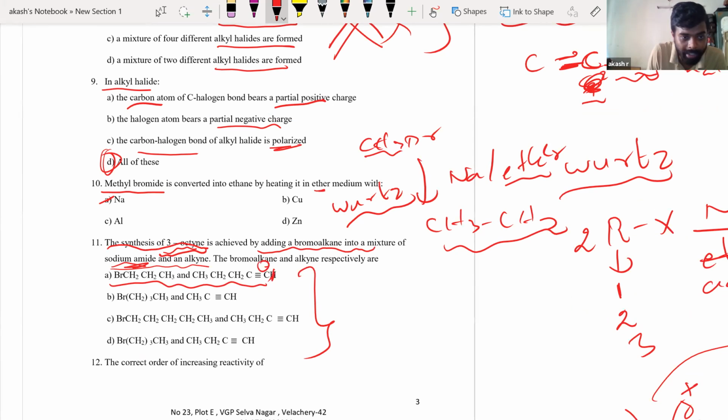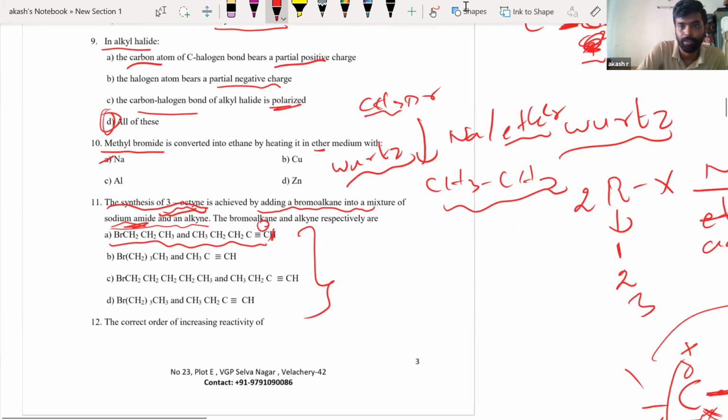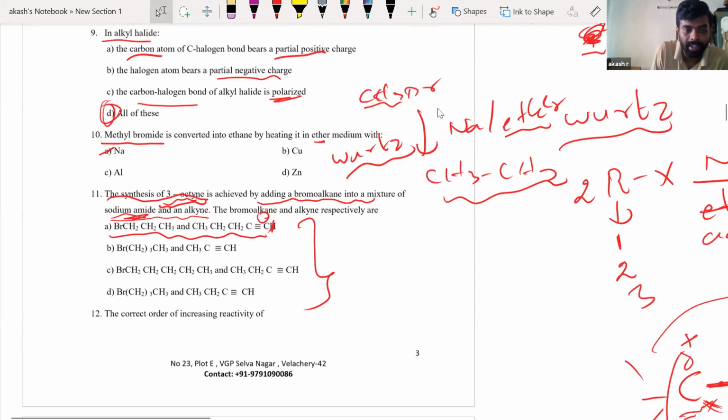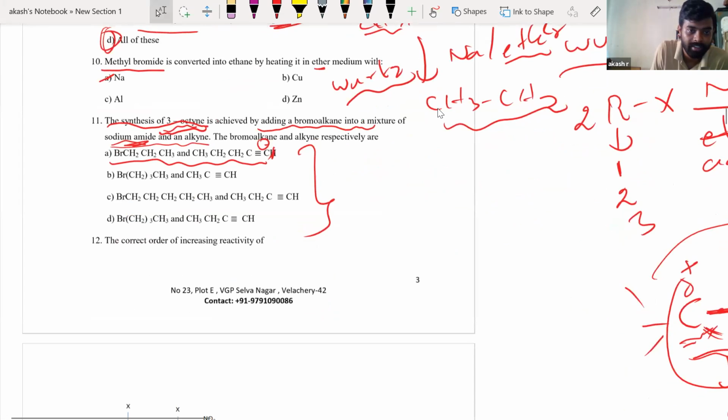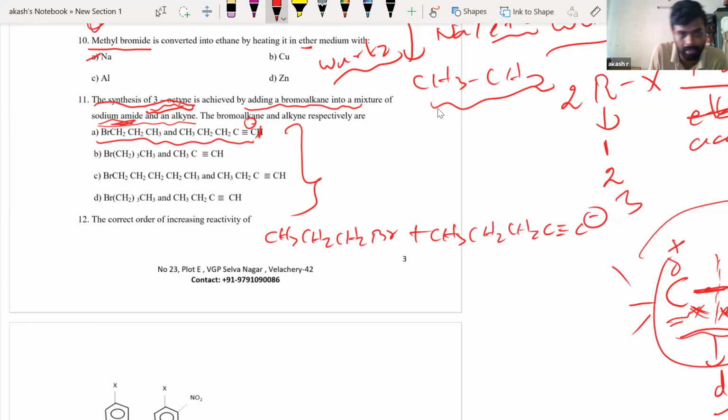Actually, let me write this. Say now I write like this. I have CH3, CH2, CH2, Br plus, now this I'll write CH3, CH2, CH2, C triple bond C minus. Okay, now what will happen?